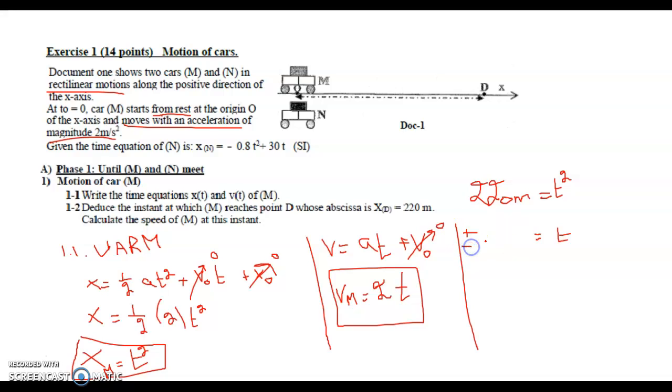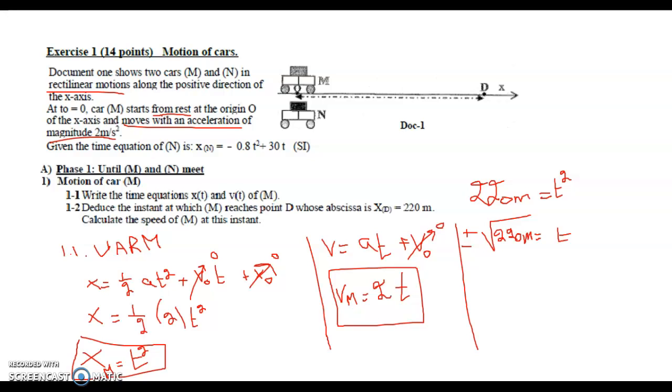Plus or minus, this is mathematics, so in physics we can't have negative time or negative instant. So that's why we're going to exclude the negative value and accept only the positive value. So t is equal to radical 220.